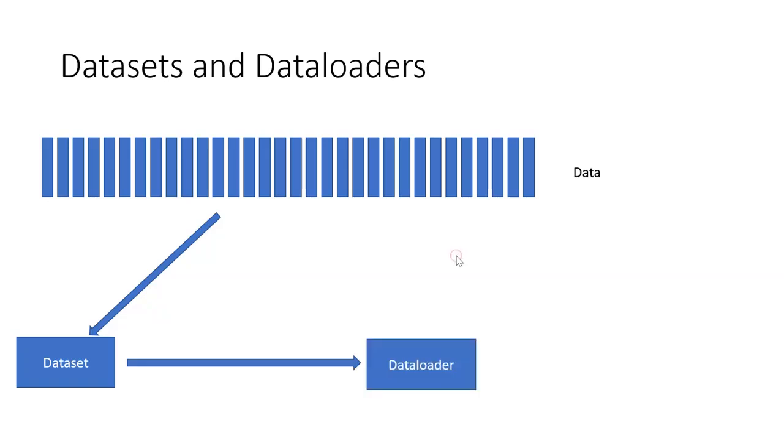Then the Dataset class is fed into the DataLoader, which uses it to retrieve the data. So the DataLoader is the one that actually loads the data, and the Dataset class has access to the data itself. For this to work, the Dataset class must contain two methods that have to be implemented. These are the __len__ method, which tells the DataLoader how many samples are contained in the Dataset class.